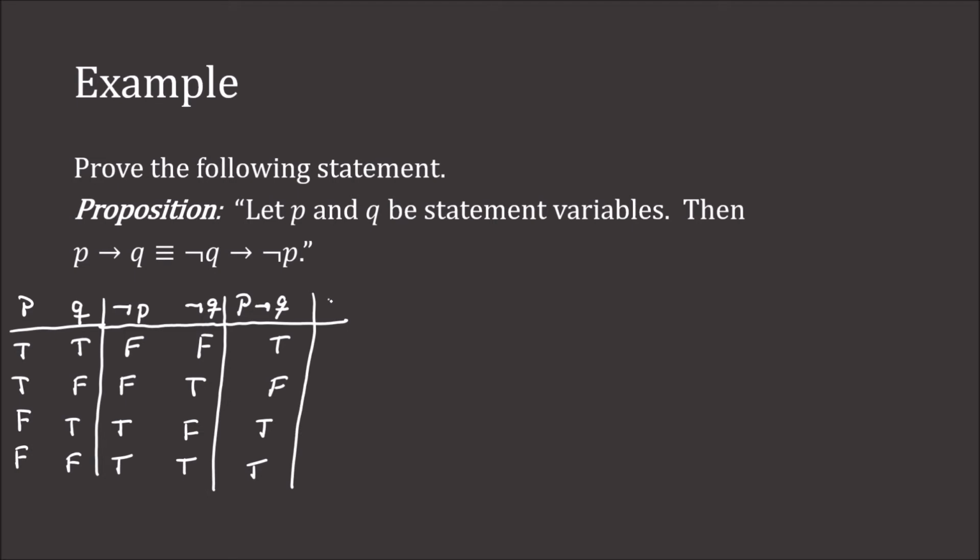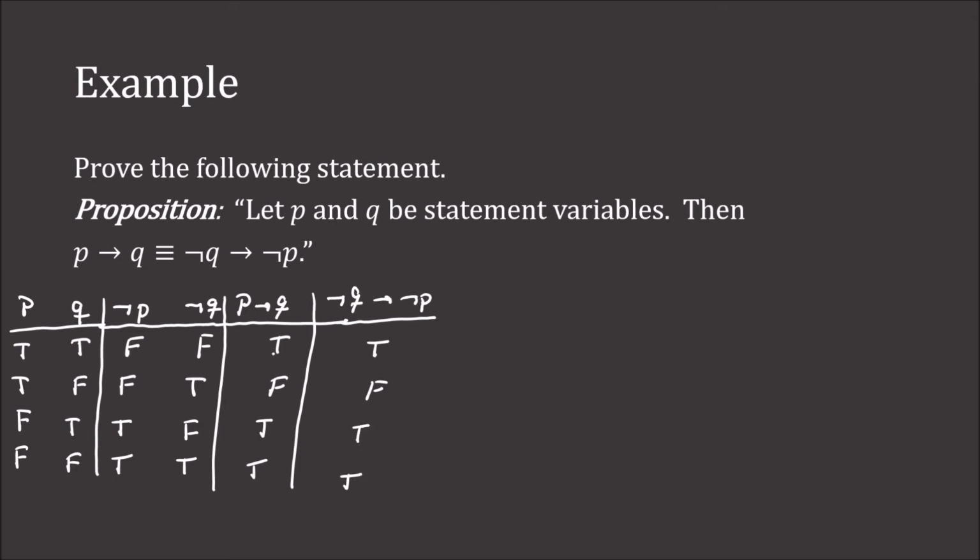Now look at not Q implies not P. In row 2, once again, the hypothesis is true, but the conclusion is false. And it's true everywhere else.